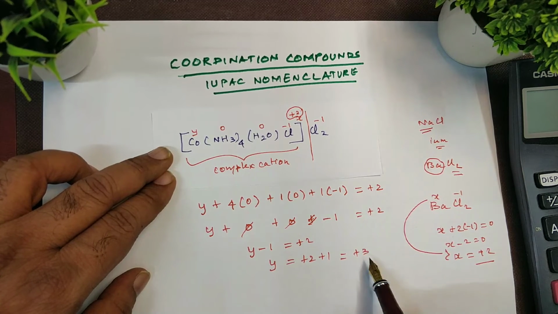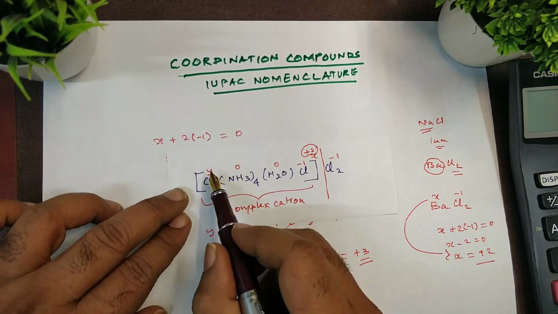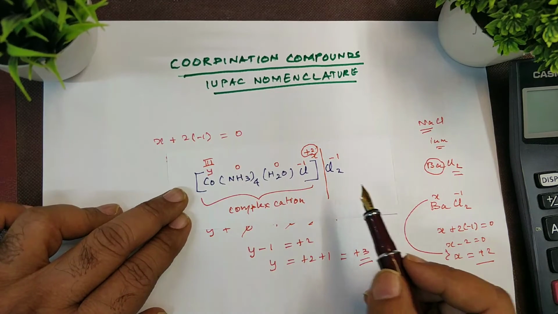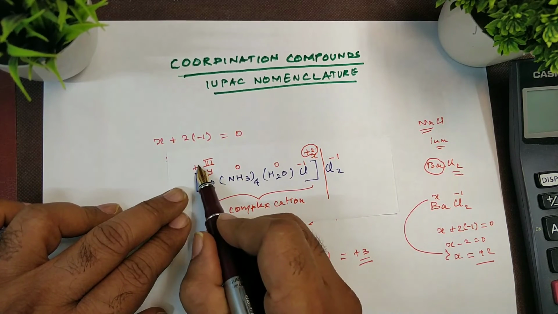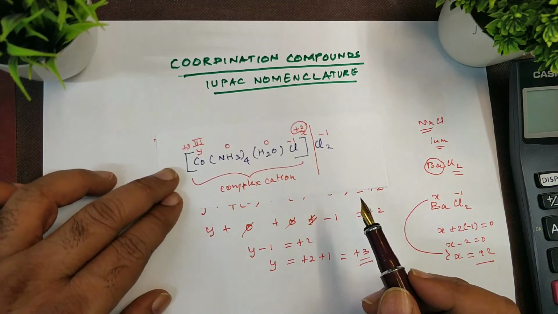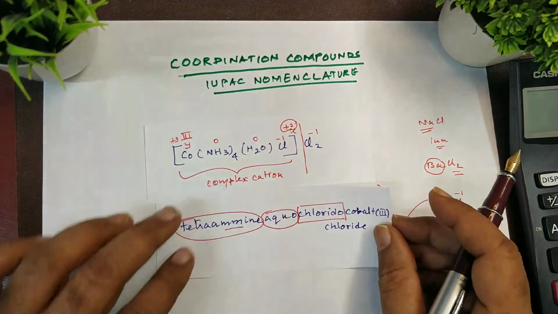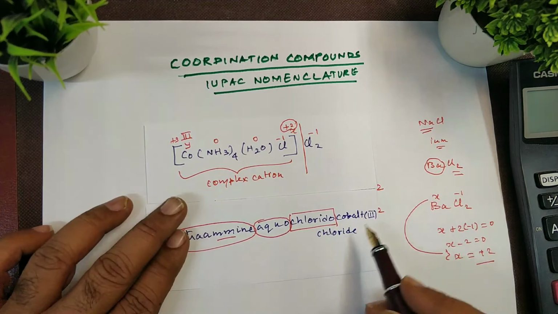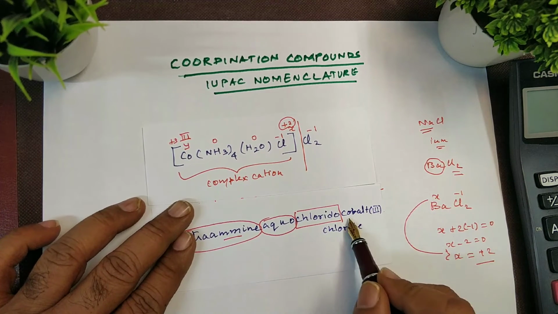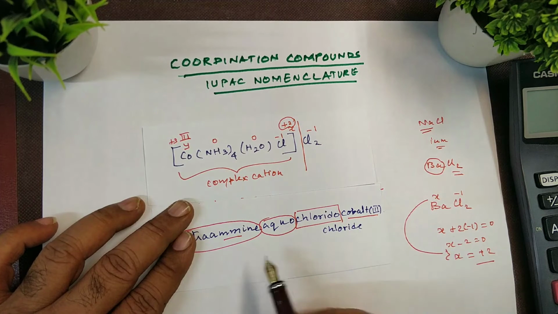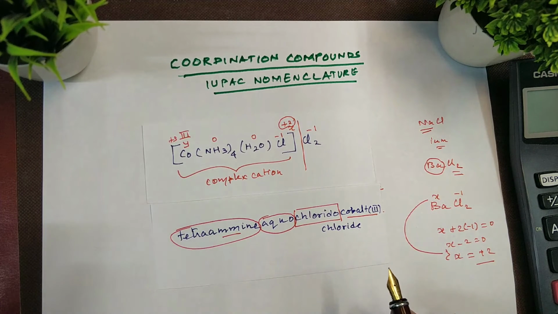So +3 is the oxidation state. So Y here is 3. You can put it as the Roman numeral III, which is nothing but +3. So when you name the compound, now you can have cobalt(III). Are you able to follow? Cobalt(III). We have named it, and then followed by chloride as such. Are you able to understand this?